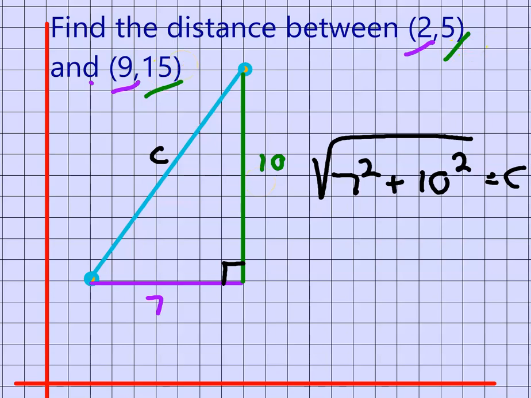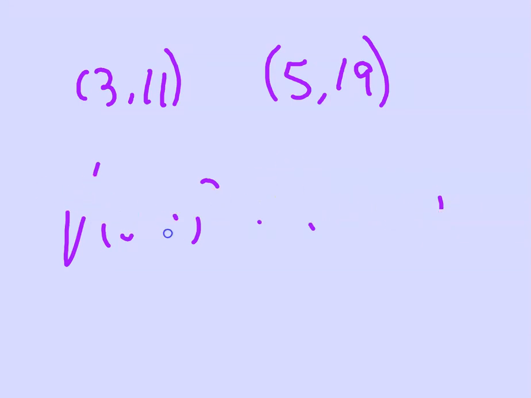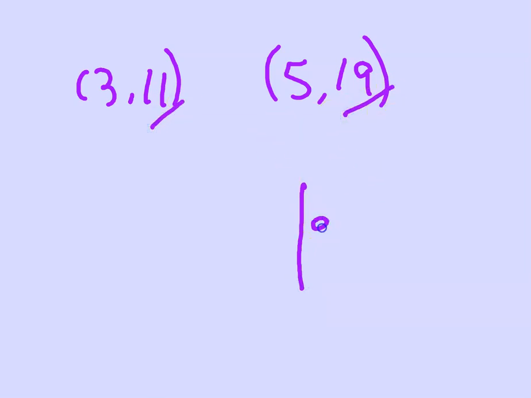So what I can do, if you give me some set of points here, say 3, 11, and 5, 19, I'm erasing my previous work from a previous attempt at this video, instead of putting these things on the graph and counting lines and that kind of stuff, I can say, look, the vertical side of the right triangle is going to be 19 minus 11, so 8.